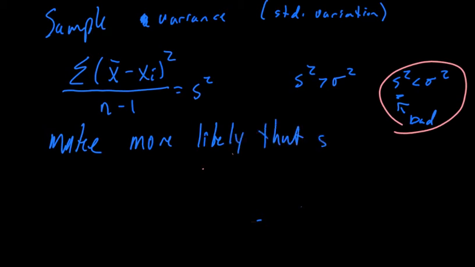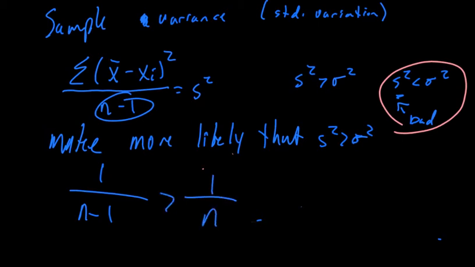that s squared is greater than sigma squared, because we're really not looking for an approximation of sigma squared or sigma. We usually want an upper bound, an accurate upper bound. Obviously, you can say the upper bound is 1,000,000, but what good does that do? You want a useful upper bound. So that's why we make it n minus 1, because when the denominator is smaller, the fraction is bigger.